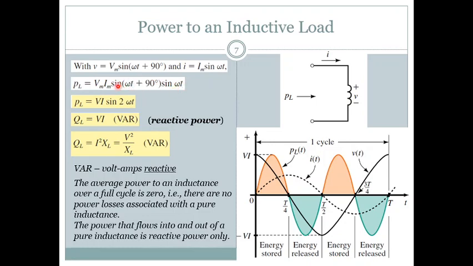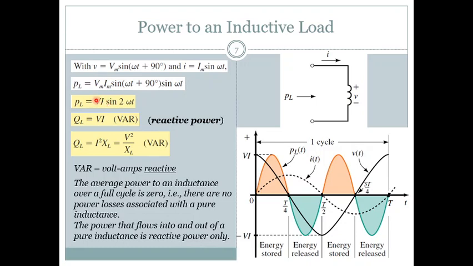sin 2 omega t divided by 2. So if you take under these 2 as root 2 into root 2, this is then Vm over root 2, Im over root 2. So Vm over root 2 is Vrms, Im over root 2 is Irms.